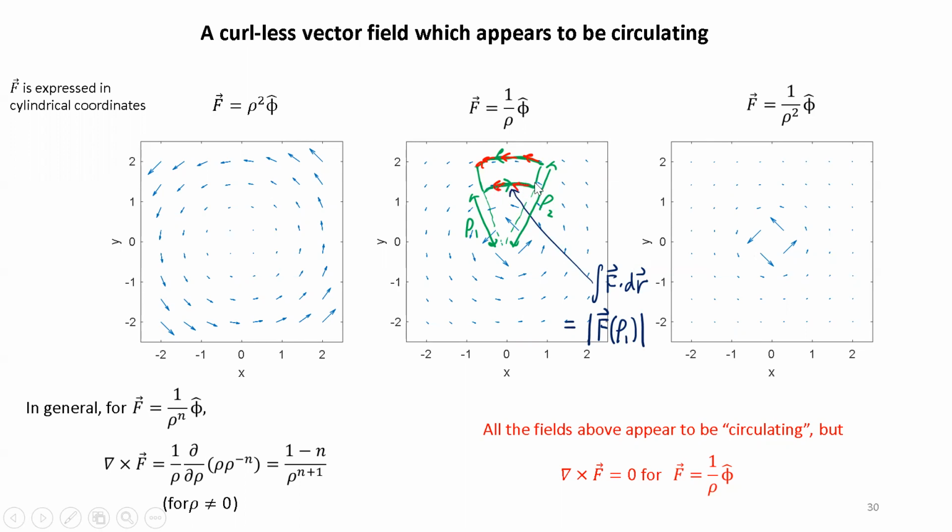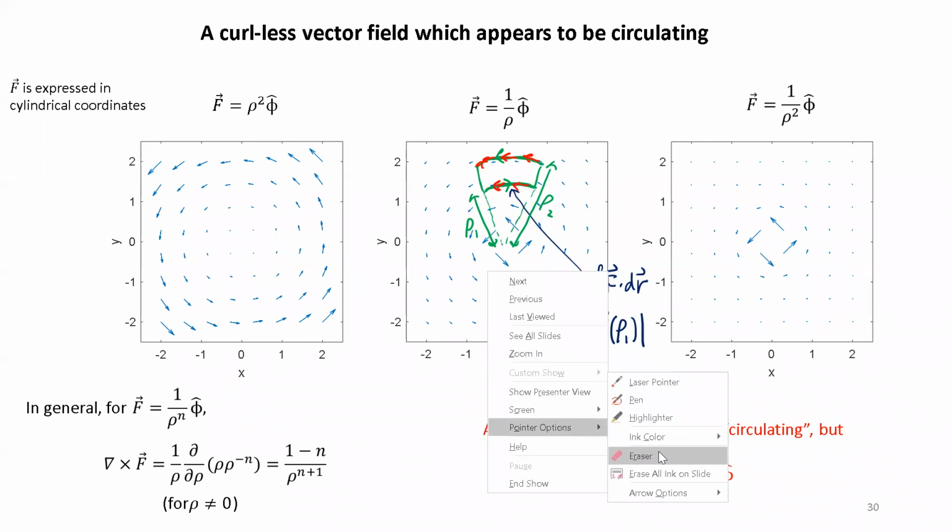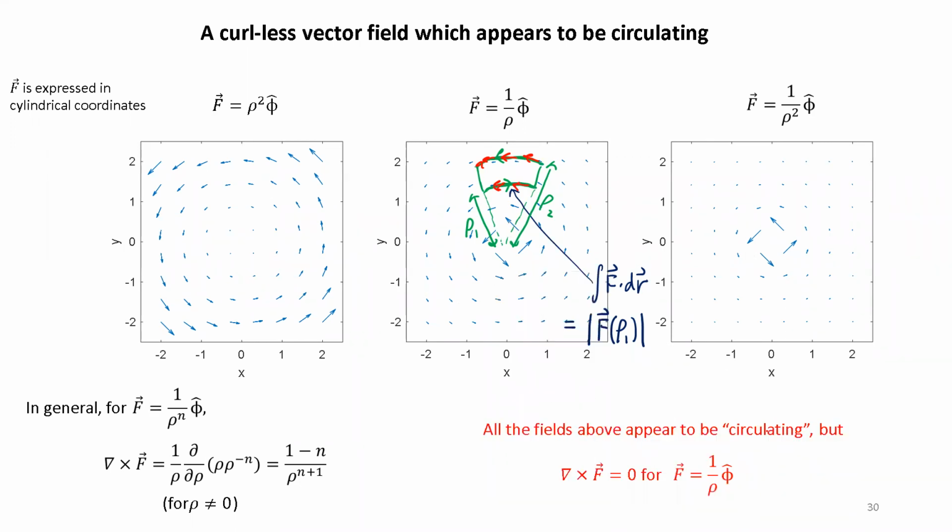The length of this arc would be this radius, rho 1, times this angle here, which I call delta theta.